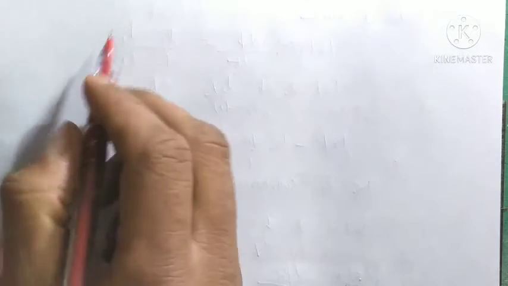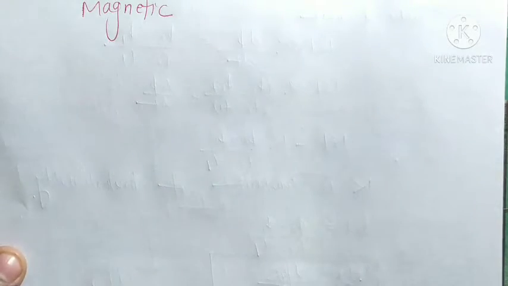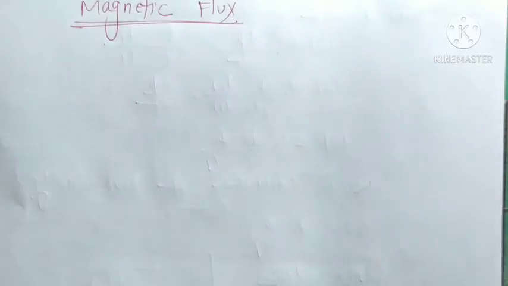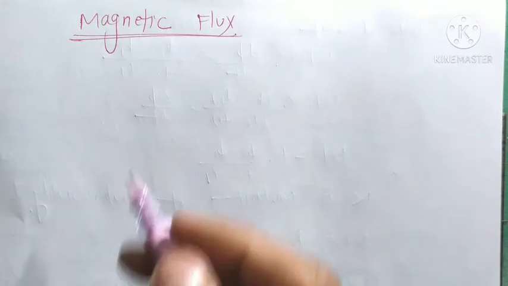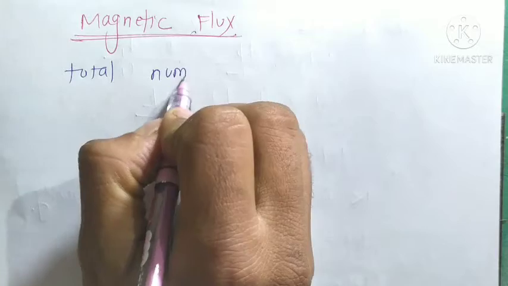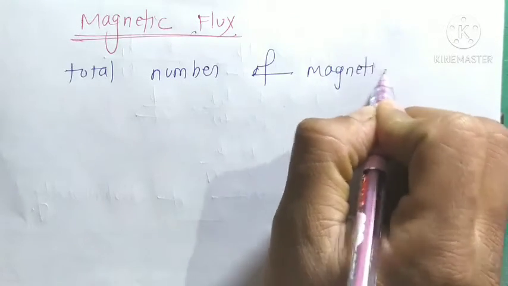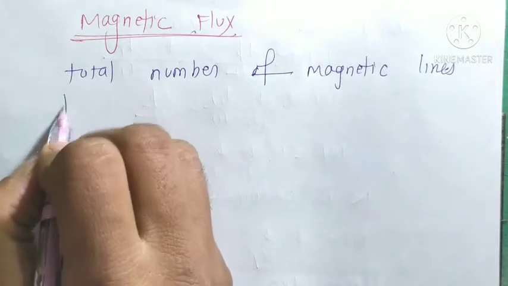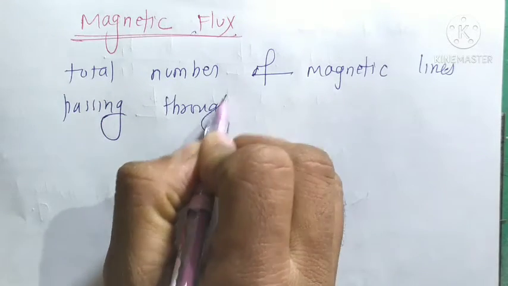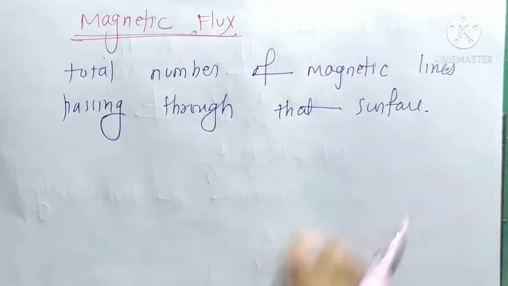Our next topic is magnetic flux. What is magnetic flux? It is the total number of magnetic lines passing through a surface.